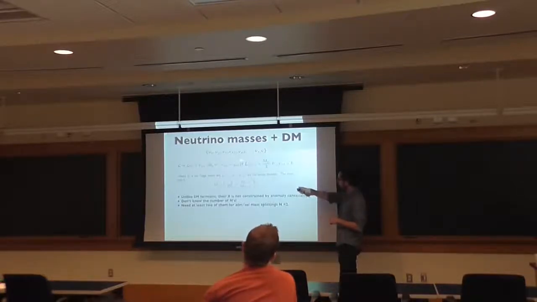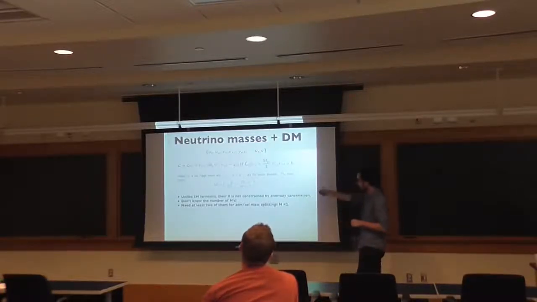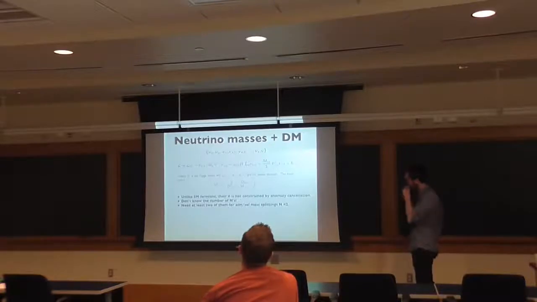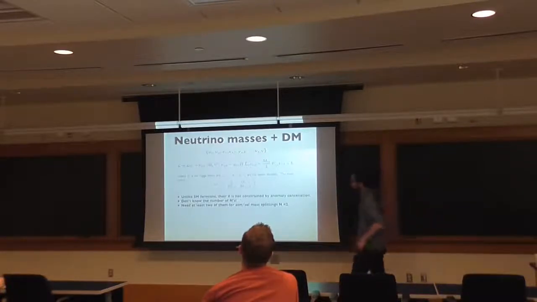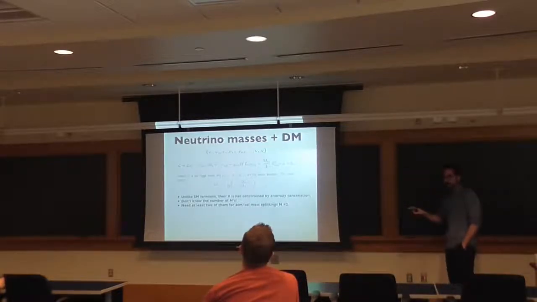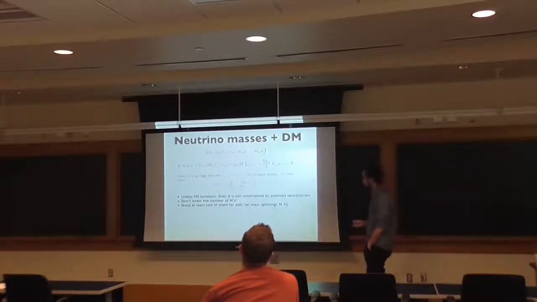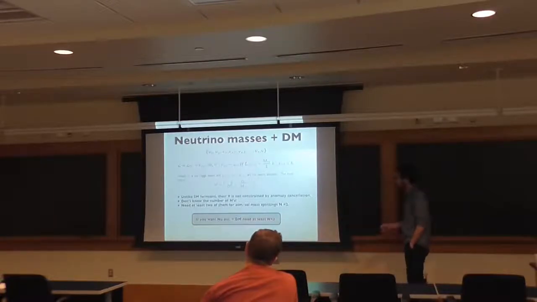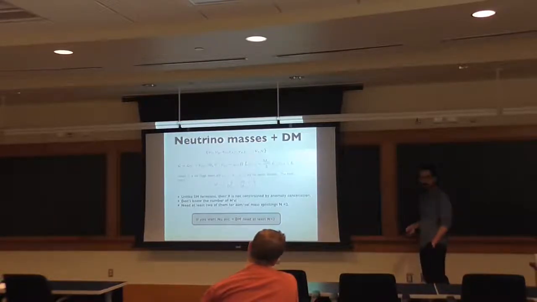I can write down Dirac masses with these sterile neutrinos, my Higgs and ordinary lepton fields, and also potentially Majorana masses. We don't know how many of them there are, but we know we have to have at least two of them if we want to explain the two delta m squared for atmospheric and solar neutrino oscillations. And if you have a third one, and you want to explain neutrino masses, then you can also explain dark matter.